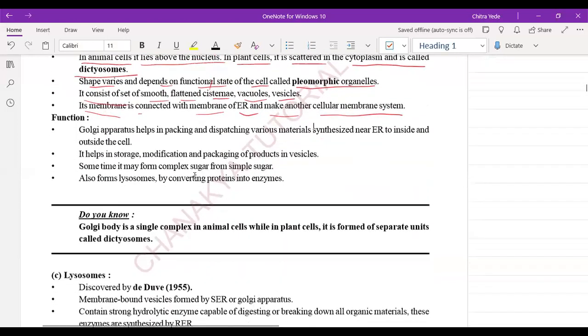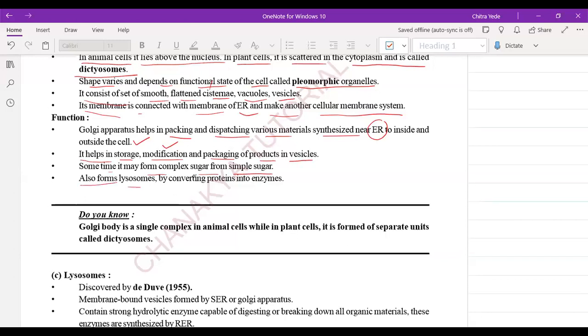Now, function. The Golgi apparatus helps in packaging and dispatching various materials synthesized by the endoplasmic reticulum to the inside and outside of the cell. It helps in storage, modification, and packaging of the product in vesicles. Sometimes it may form complex sugar from simple sugar.